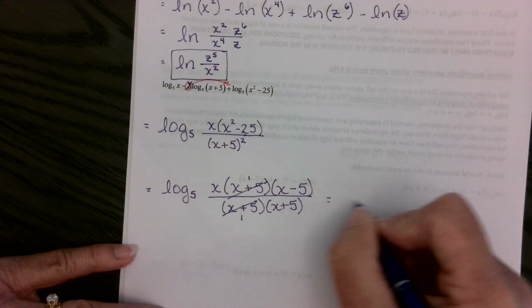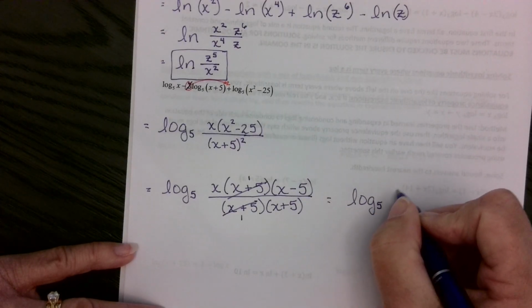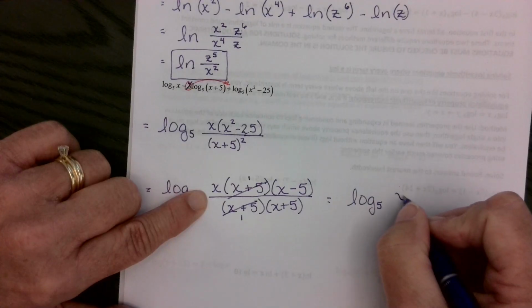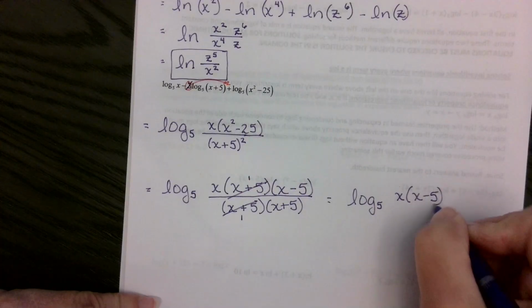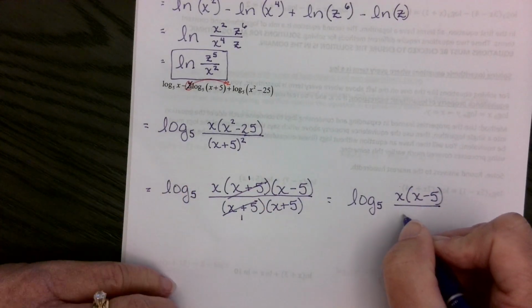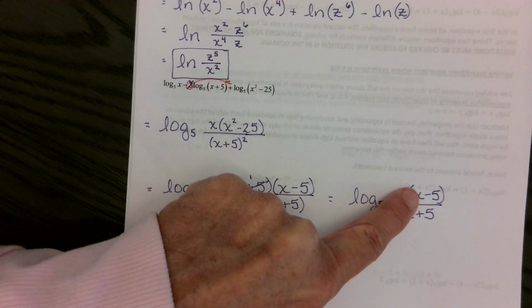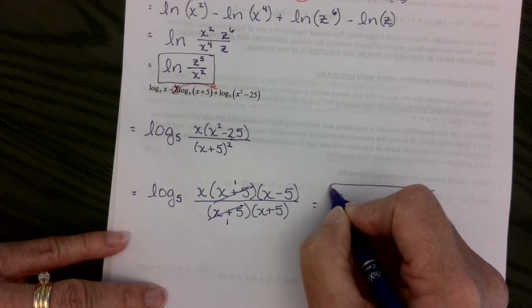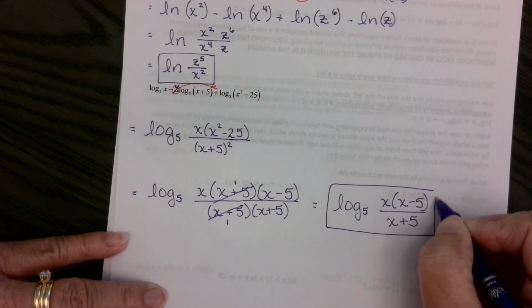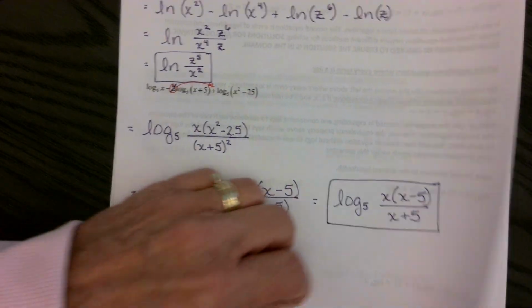So we are just left with log base 5 of x times x minus 5 all over x plus 5. Now, if you want to, you can write this as x squared minus 5x. That's fine, but you do not have to. I'm just going to leave my answer like that. Okay, and that finished up that section.